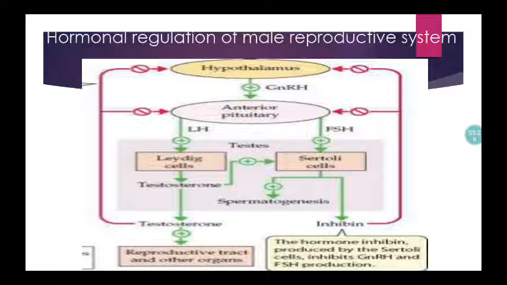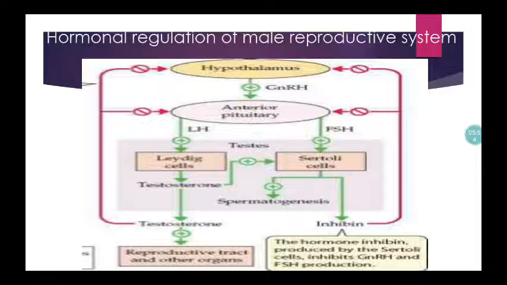Okay, so first of all, you know about the hypothalamus. What is this? It is the master of master glands, or it is a neuroendocrine gland that produces different types of releasing hormones that stimulate the pituitary to further activate other organs. Clear?